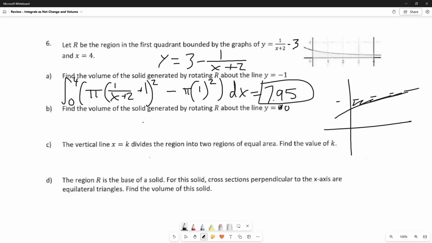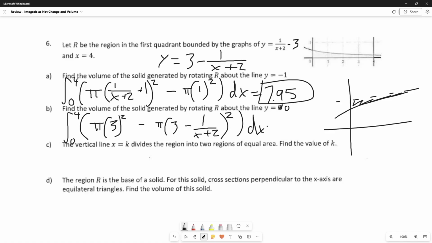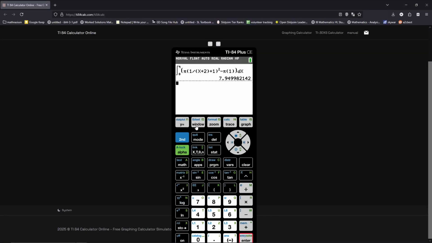So our definite integral from 0 to 4 is going to be pi times the upper one, which is 3 squared, minus pi times the lower curve, which is (3 minus 1 over x plus 2) squared, dx. And then we put this into our calculator.